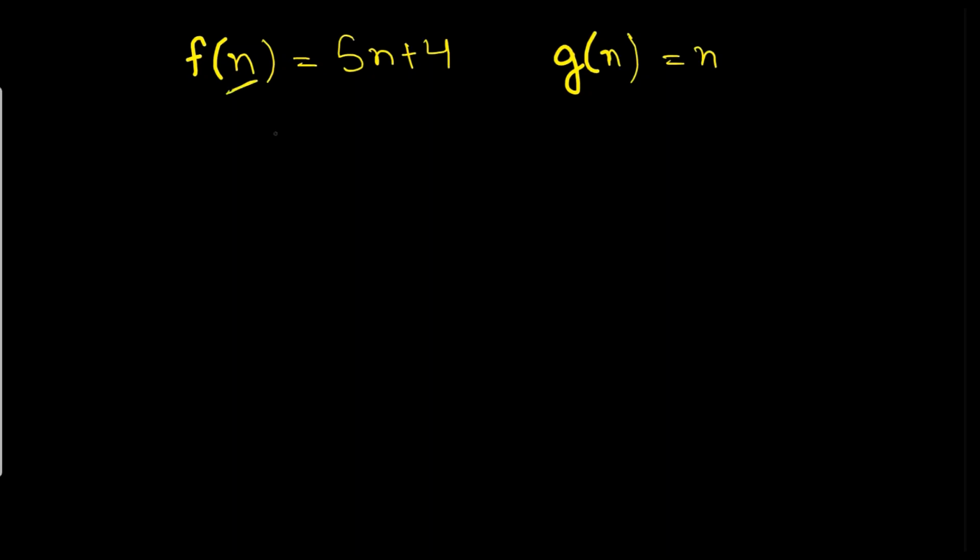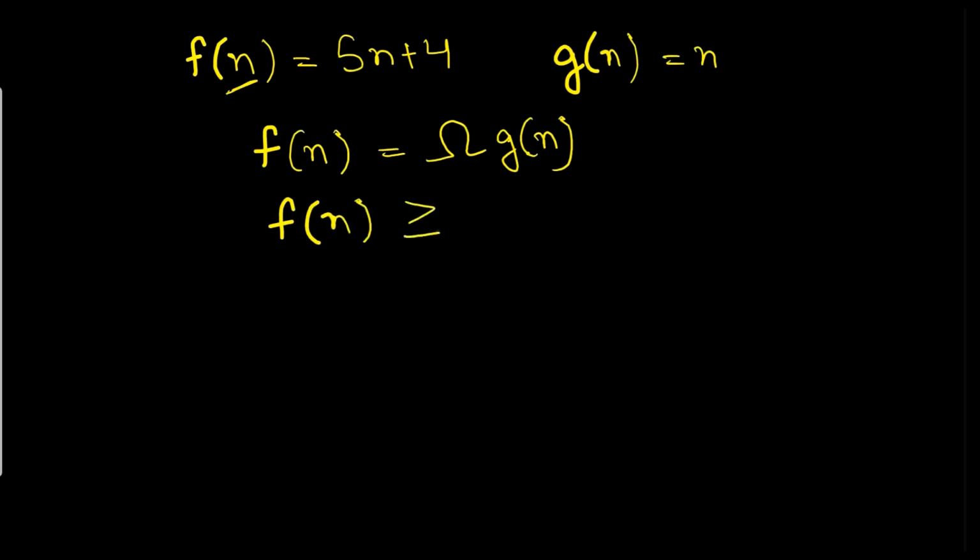Let's understand this with the same f(n) equal to 5n plus 4 and g(n) as n. So as to make g(n) the lower bound for f(n), we can write f(n) is equal to omega of g(n). So we can say f(n) should be greater than or equal to c·g(n), where f(n) is 5n plus 4 and g(n) is n.